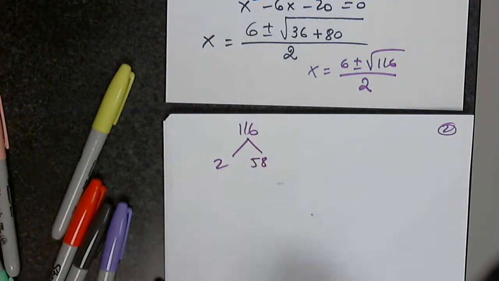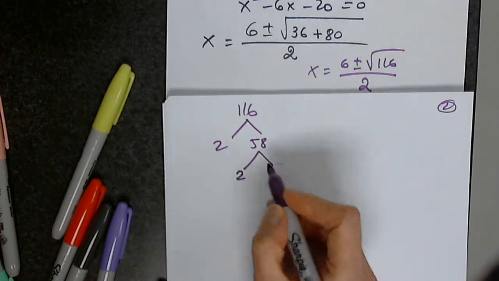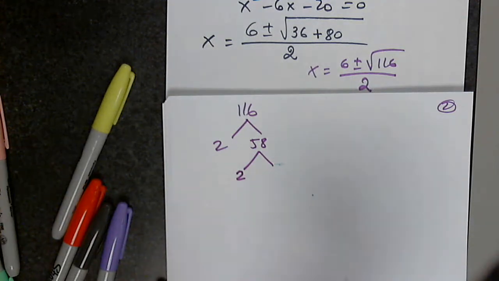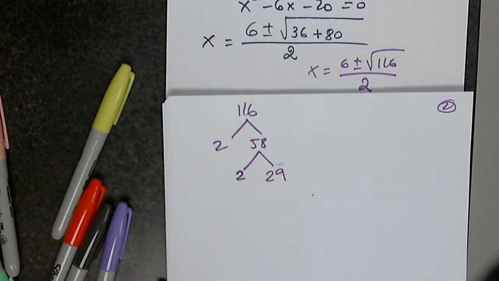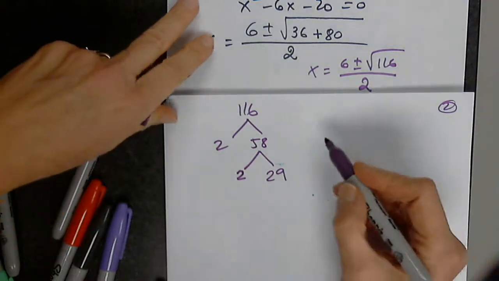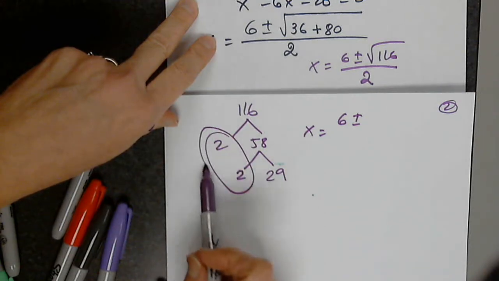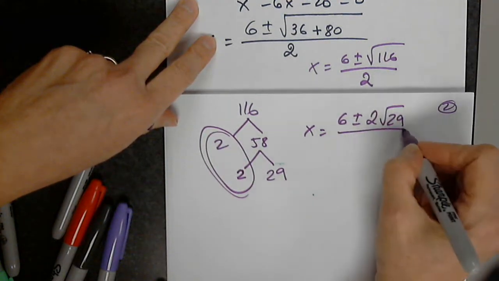It's still an even number, so it must be divisible by 2. And then 58 divided by 2 is 29, indeed. And I can continue. 29 is a prime number. But I have to come back and write 6 plus or minus the square root of 4 times the square root of 29 divided by 2.